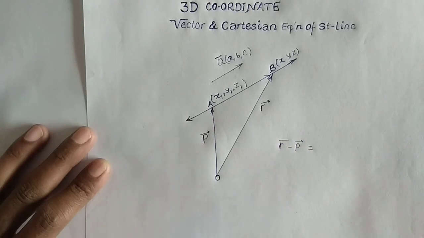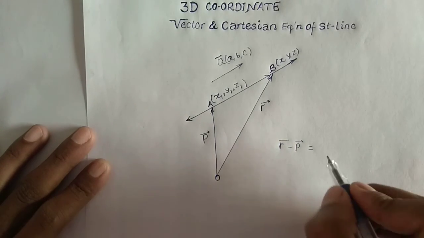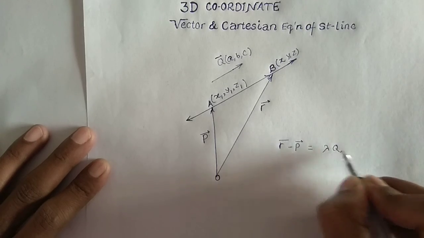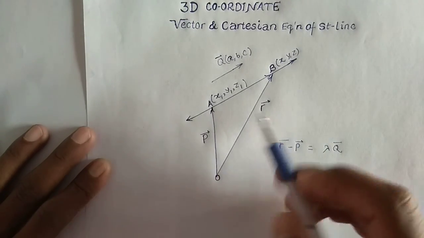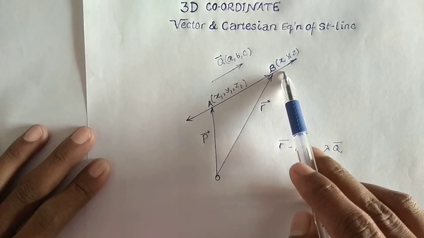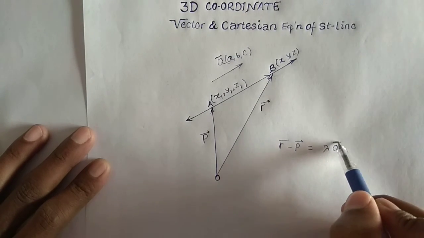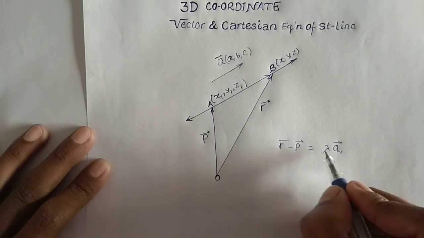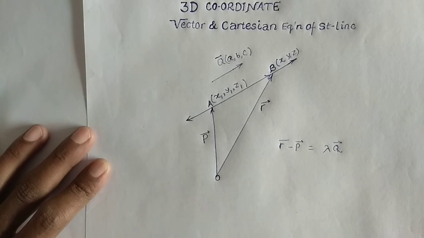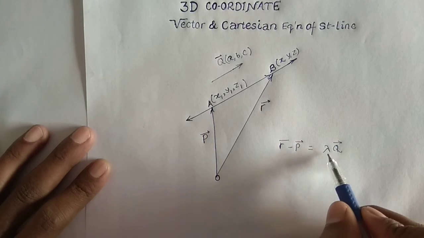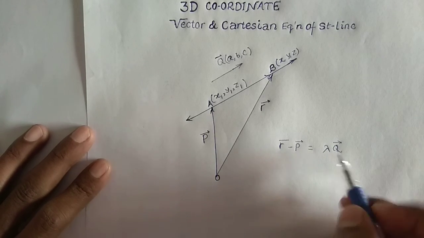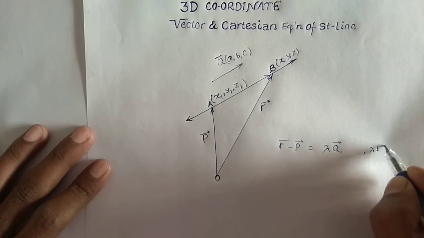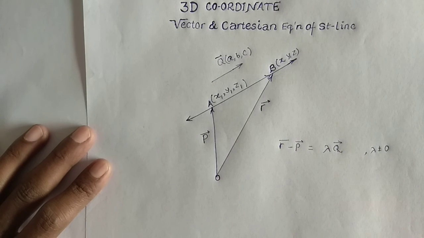This is actually lambda times vector Q, because any parallel vector is written like this. Since the Q vector is parallel to this, it is written like this, where lambda is any arbitrary constant, and suppose lambda is not equal to 0.